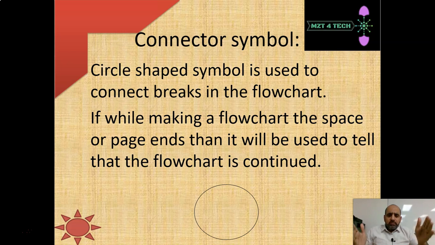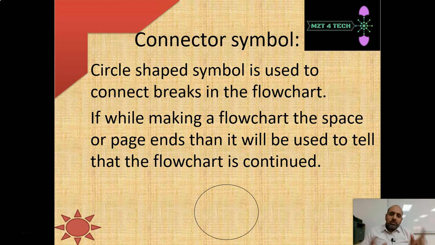Suppose you are drawing a flowchart on a small piece of paper, and the problem for which you are drawing the flowchart is a very complex problem, and you have to create a complex flowchart. So your page is small, you need to continue the flowchart, and the page has ended but the flowchart didn't end.